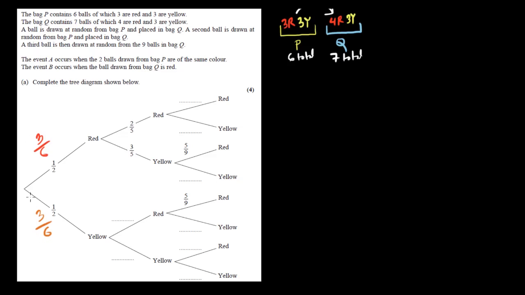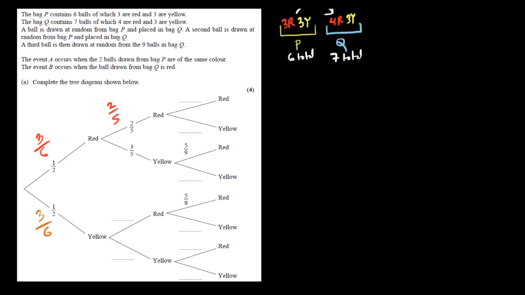Now one item has been removed, and you're again drawing from bag P. So now it is going to be 2 out of 5, because one of the reds has been removed to bag Q. So that's correct, 2 out of 5.